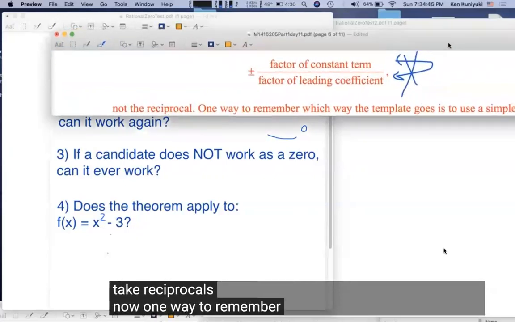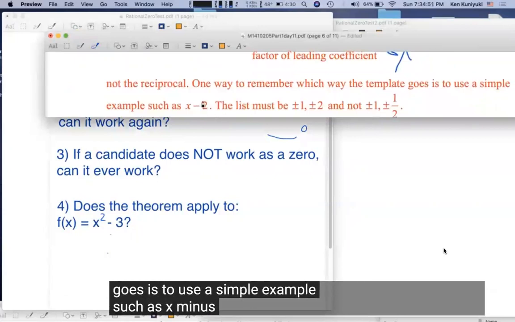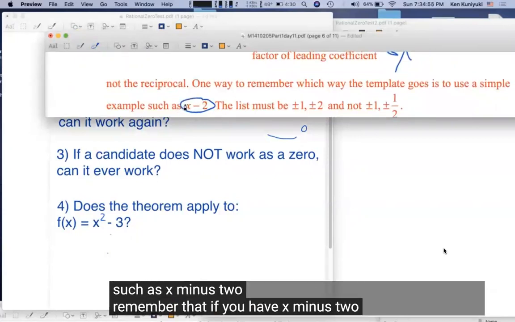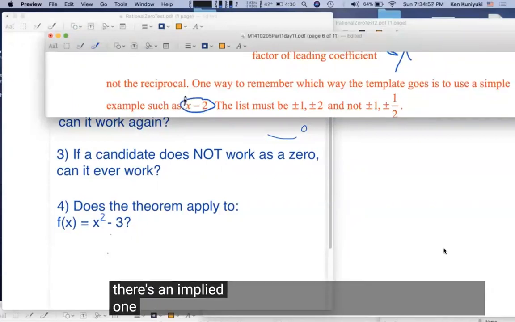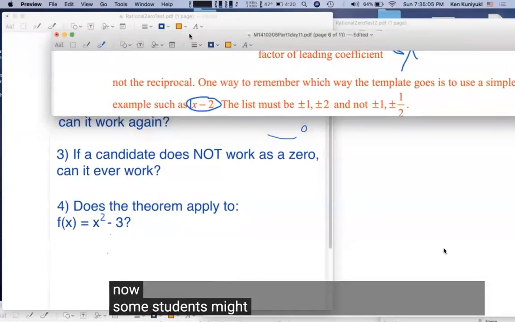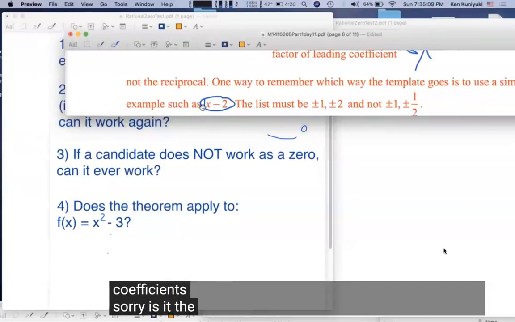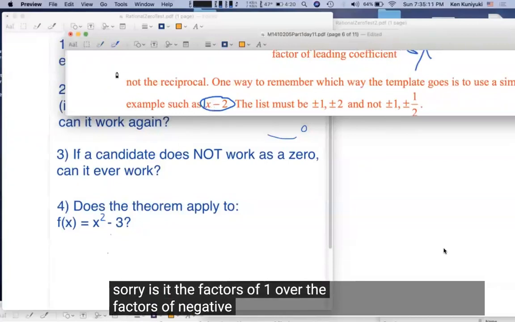Now, one way to remember which way it goes is to use a simple example, such as x minus 2. Remember that if you have x minus 2, there's an implied 1 out in front. So what would be the list of candidates? Now, some students might think, oh, is it the factors of 1 over the factors of negative 2?